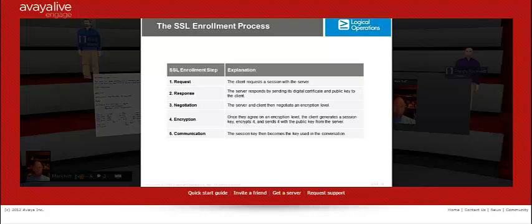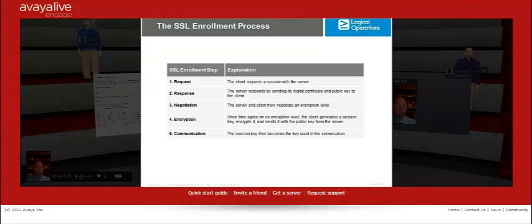What's in the certificate? The public key. Now that both parties have that certificate in common, the negotiation begins. They negotiate the level of encryption that each one is willing to support.